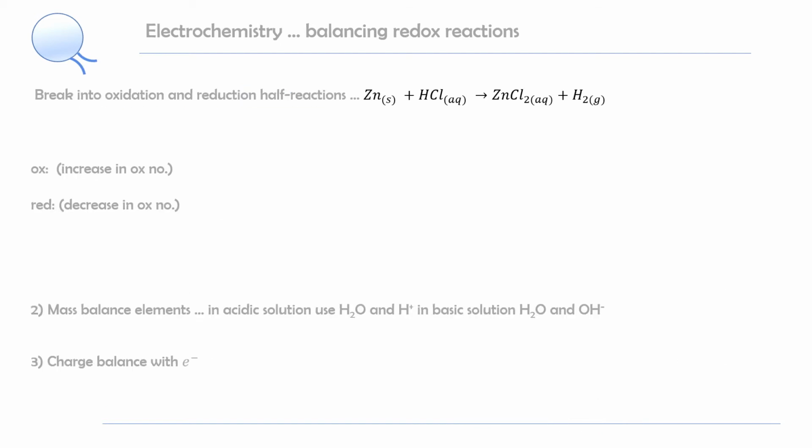Okay, so the next step we want to do is to look at a chemical reaction, figure out if it's a redox reaction or not. If it is a redox reaction, we want to balance the redox reaction if it isn't already. So step 1, let's look at this reaction over here. First of all, is this a redox reaction?